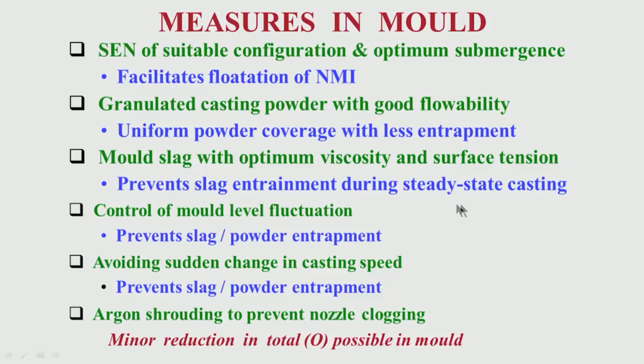Slag entrainment should not be there, and then control of mold level fluctuation, this is very important. As I have told you, because of many factors, because of the turbulence, there is a possibility of level fluctuation.